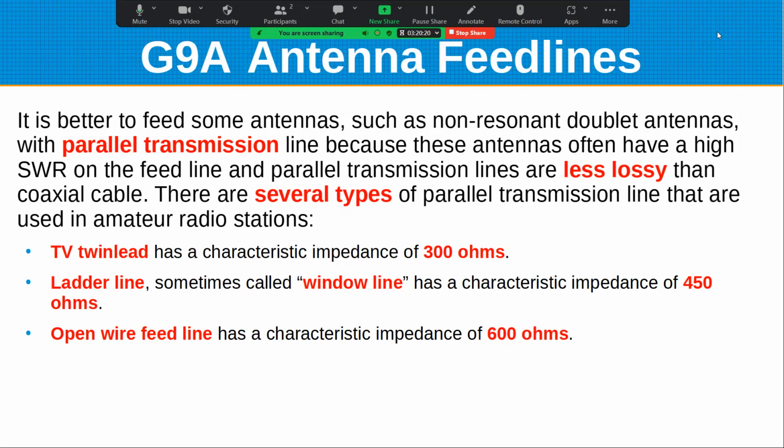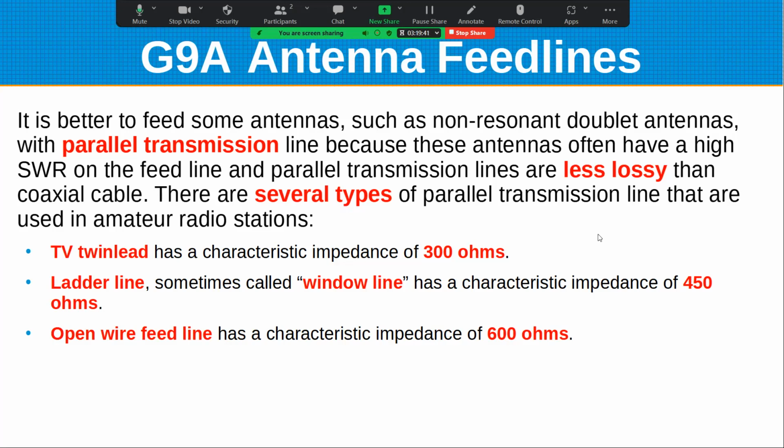So if you've got an 80-meter one, you can get 40, 30, 20, 17, 15, 12, 10, the whole shebang with pretty good SWR.